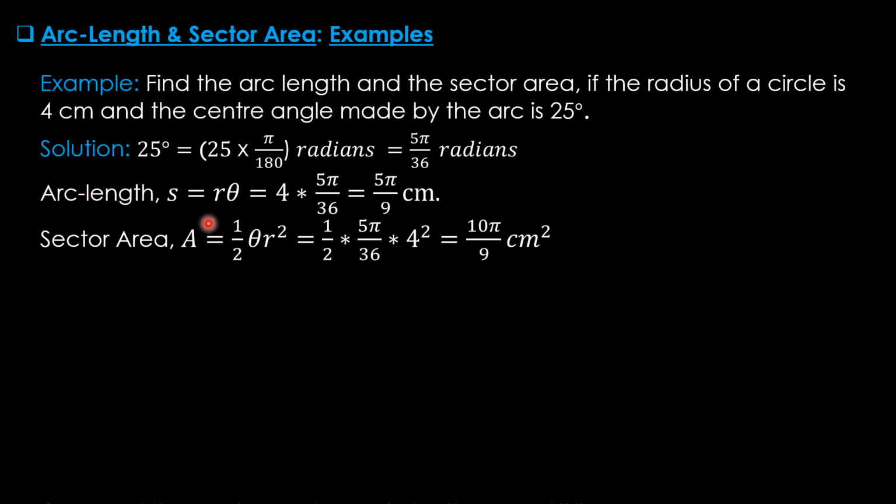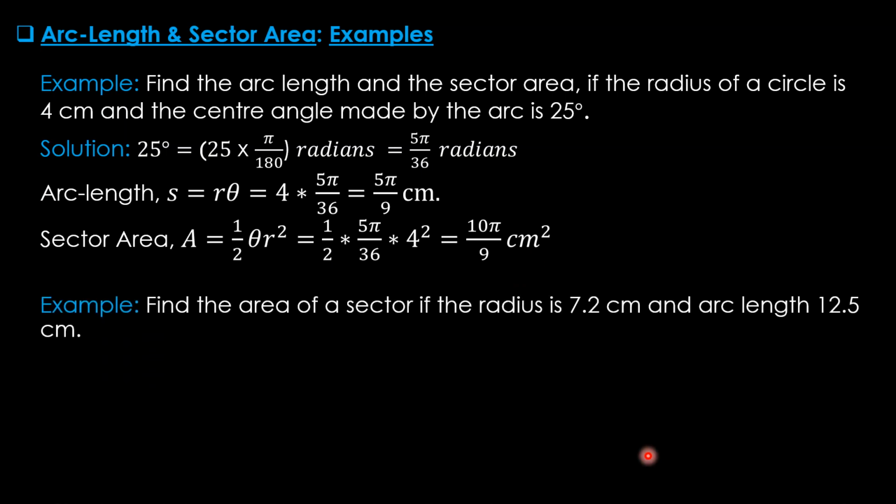So arc length S equals r theta, which is 4 times theta, we just substitute, and on simplification we get 5 pi over 9 centimeter as the arc length, whereas sector area A equals half theta r square, and after substitution we get 10 pi over 9 centimeter square.